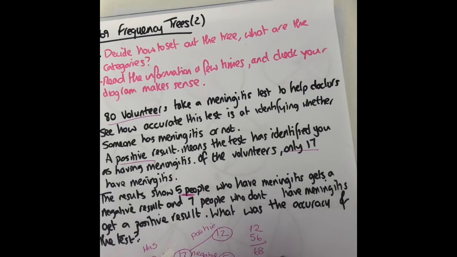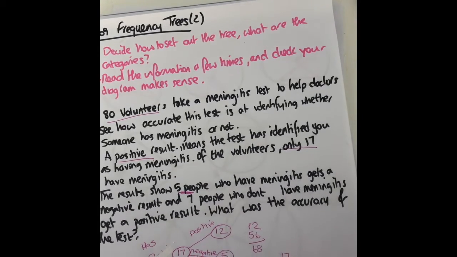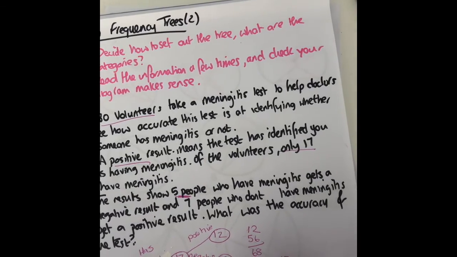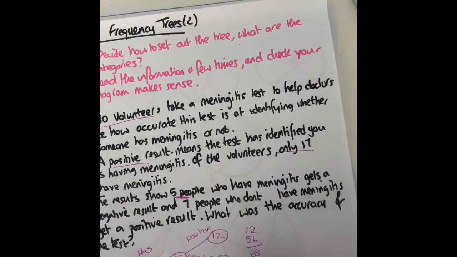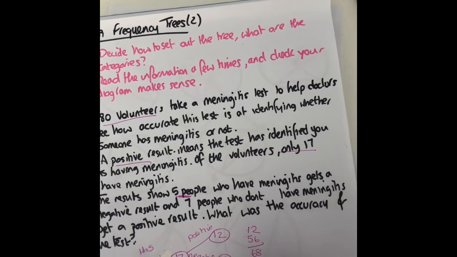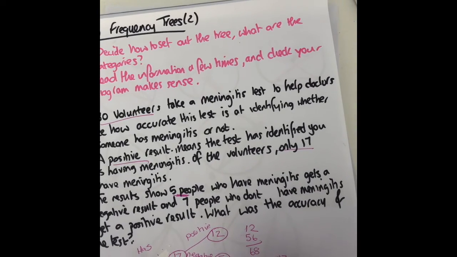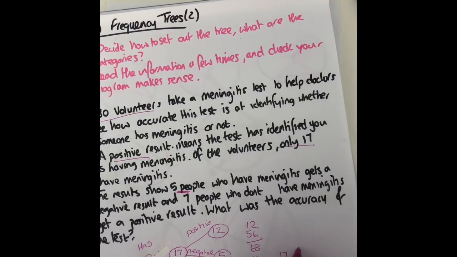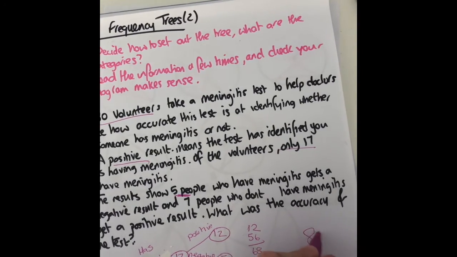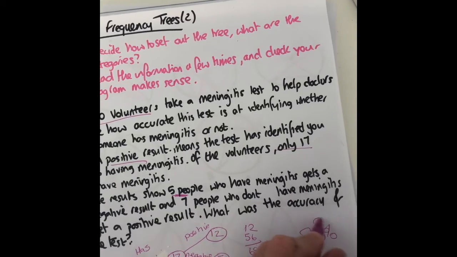Half it again is 17. And then how do we get from 20 to 100? We times by 5. So that means 17 times 5, or times it by 10 is 170, and half it is 85. So 85 out of 100 is 85% accuracy.